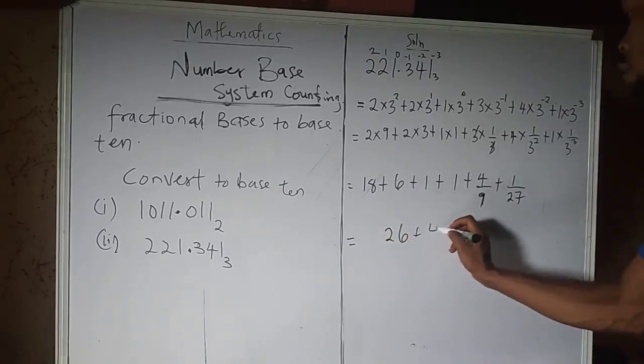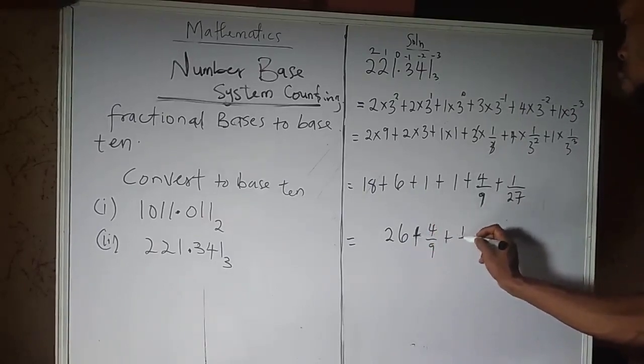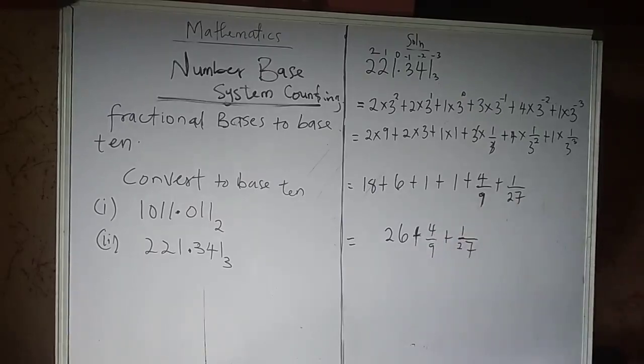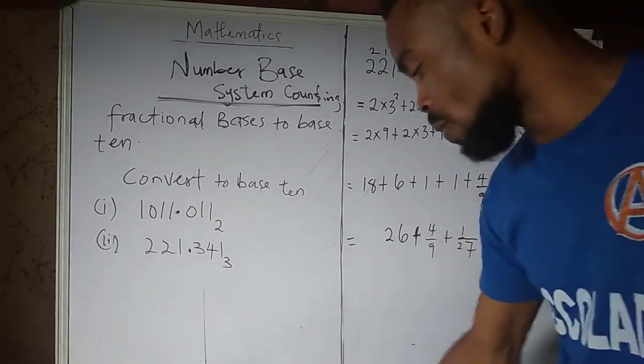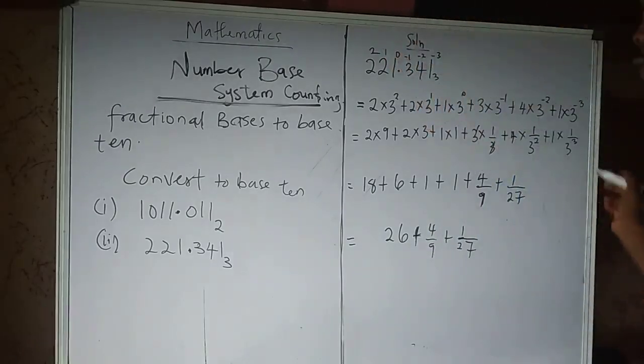Then plus 4 over 9. Okay, 4 over 9 plus 1 over 27. But we are going to reduce this. Okay, we can reduce this, but I'm going to use my calculator and do that. 4 over 9 is 0.44444.